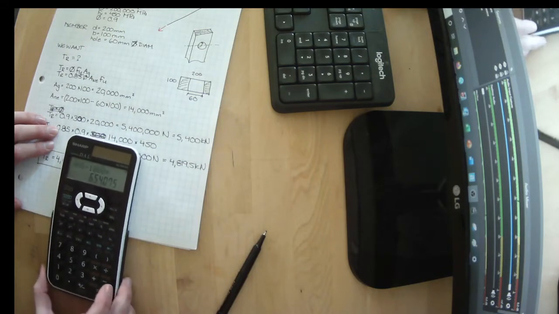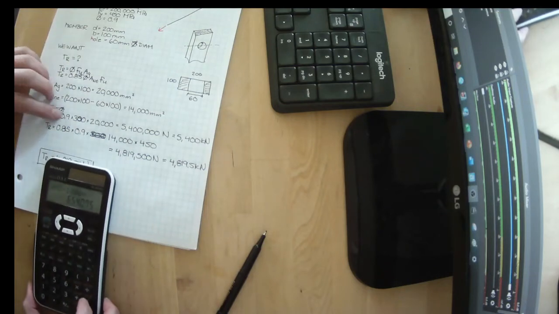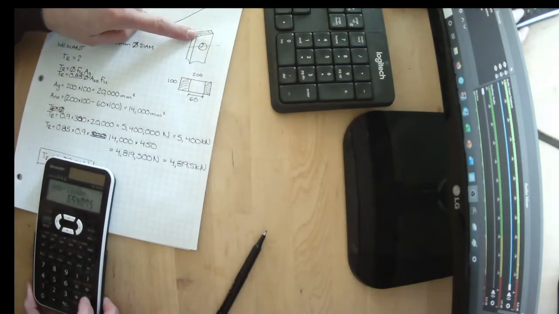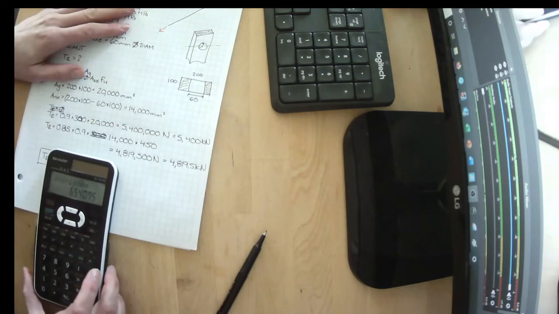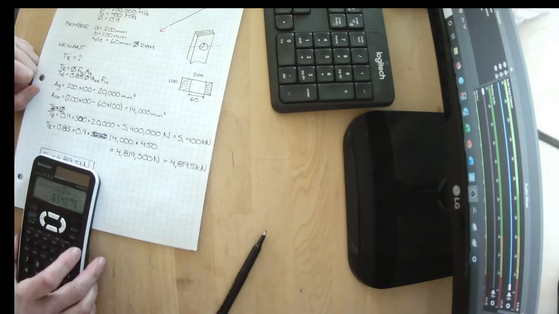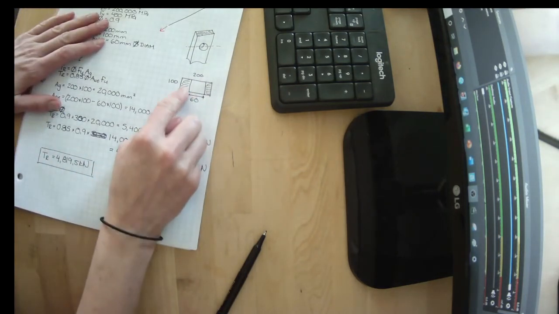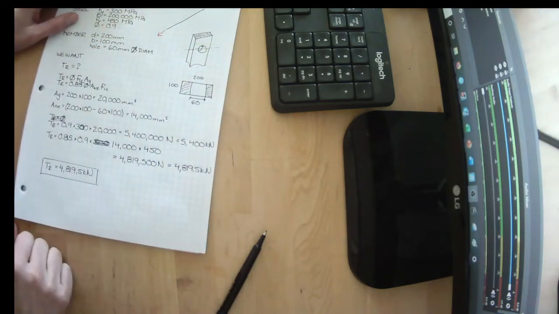We would have gotten a capacity of 6,540. So then the overall gross area equation would have governed. So you still have to check both because you don't know which one is going to govern. It depends on the size of that hole or that opening relative to the gross area.